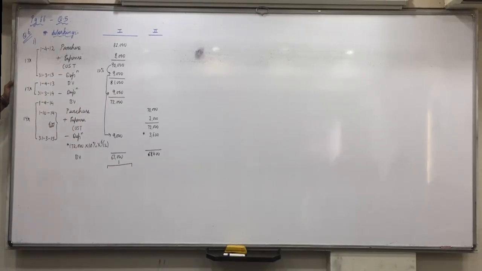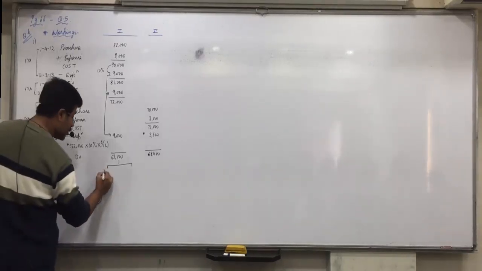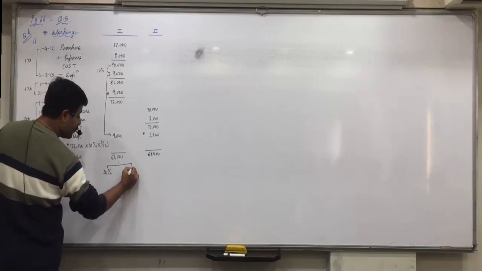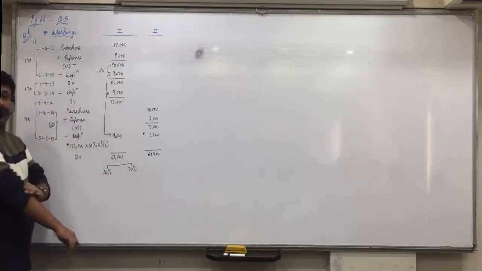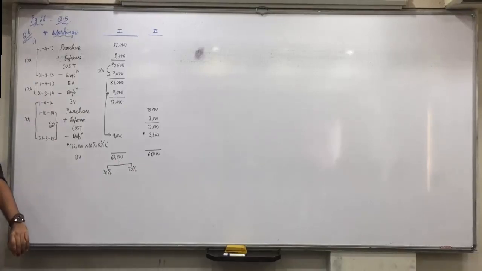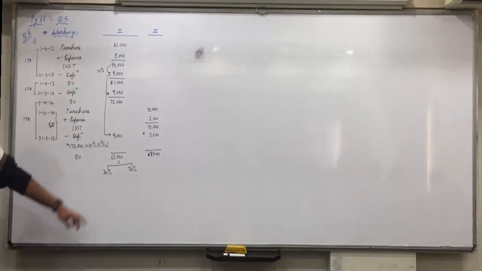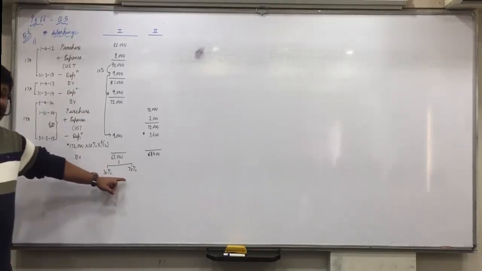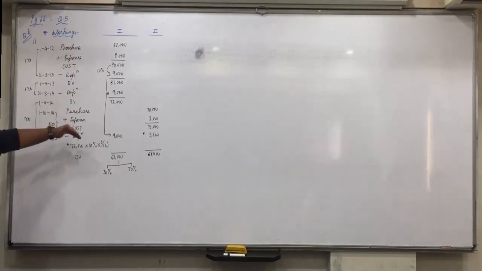Read the last sentence and circle 30% machines, circle that. How many machines are sold? Only 30%. So we'll divide this in two parts, 30% and 70%. What is sold is not entire machine 1 but only 30%.